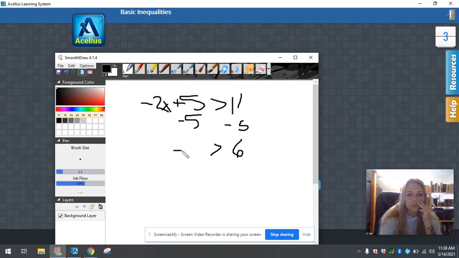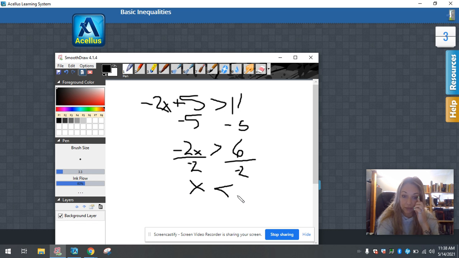We're left with negative 2x on this side. We're going to divide both sides by negative 2. And since we're dividing by a negative, we're going to flip the sign. X is less than 6 divided by negative 2, which is negative 3.